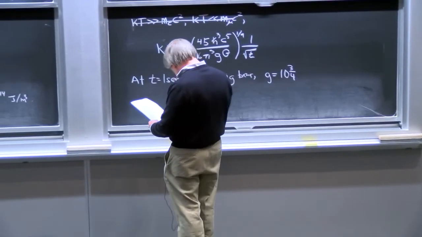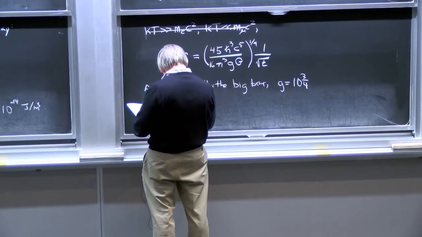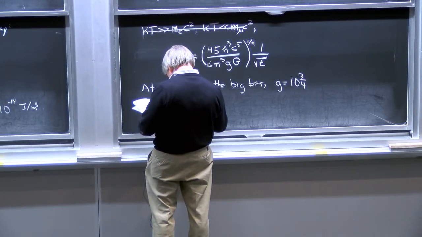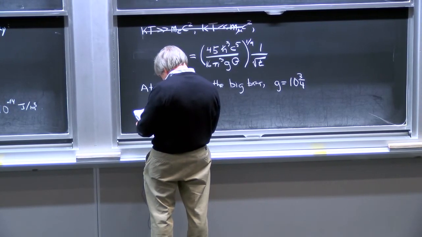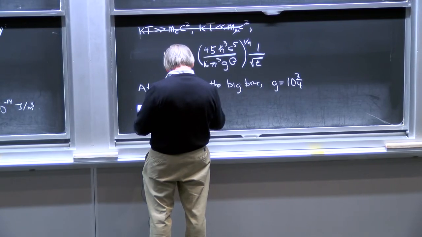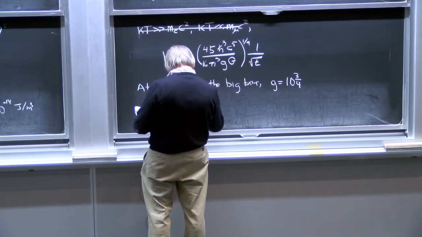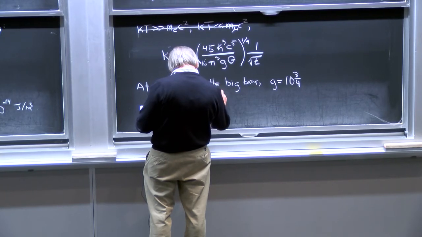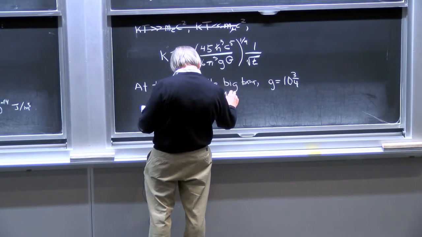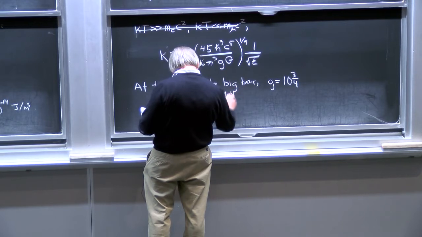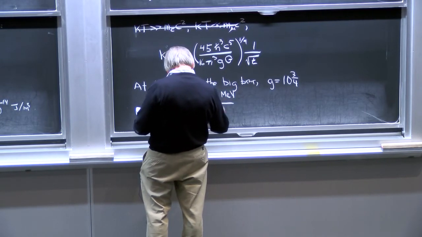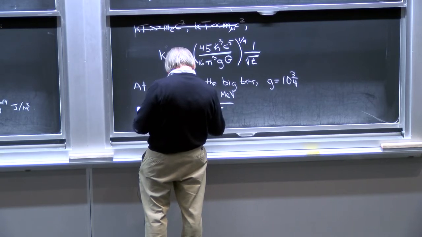And the end result for that is that KT is equal to 0.860 MeV, million electron volts, divided by the square root of t in seconds.